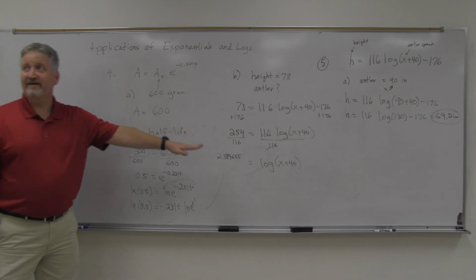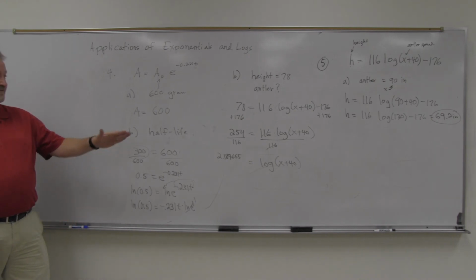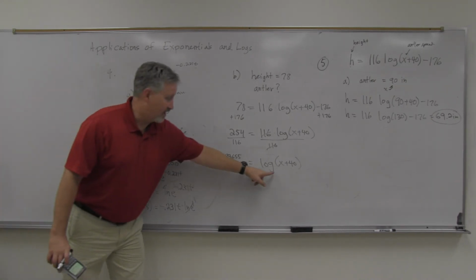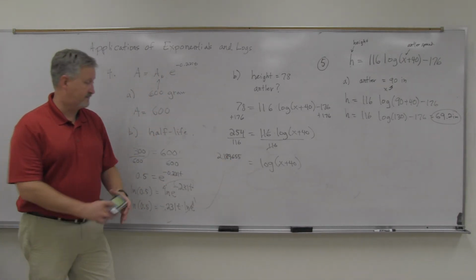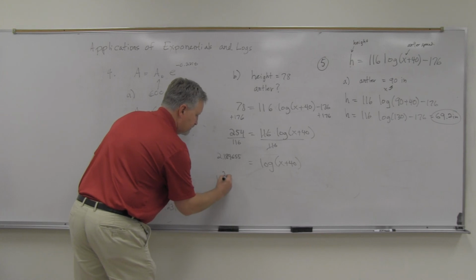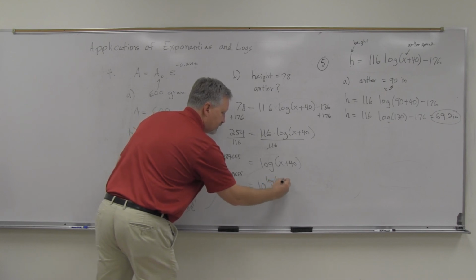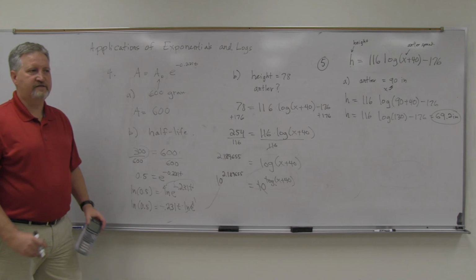Now, what's the next to last step, I guess? How do we solve it? Got log base 10, so I need to exponentiate both sides to base 10. So 10 to the 2.189655, thereabouts, equals 10 to the log of x plus 40. That'll cancel out that 10 and that log.